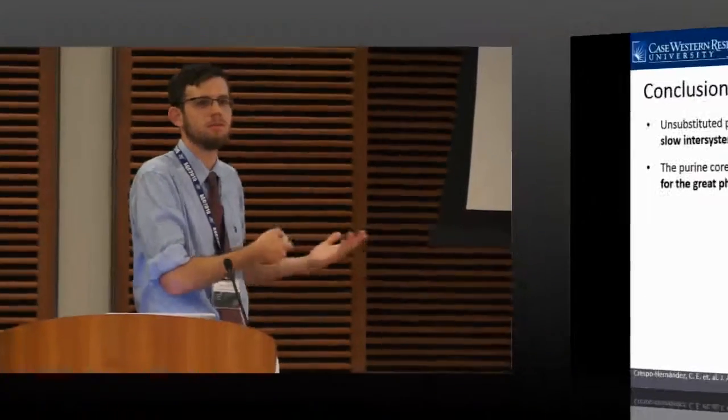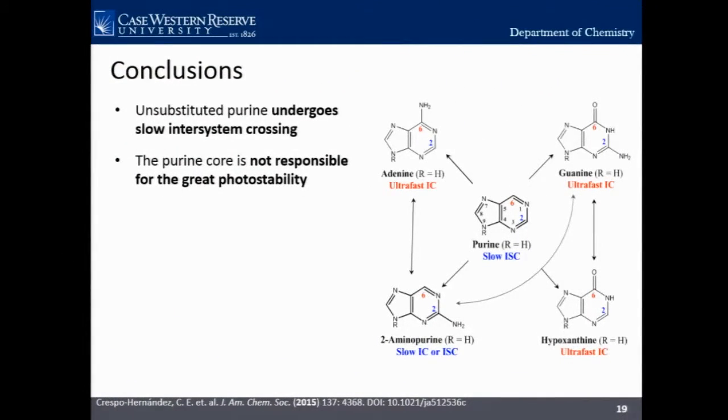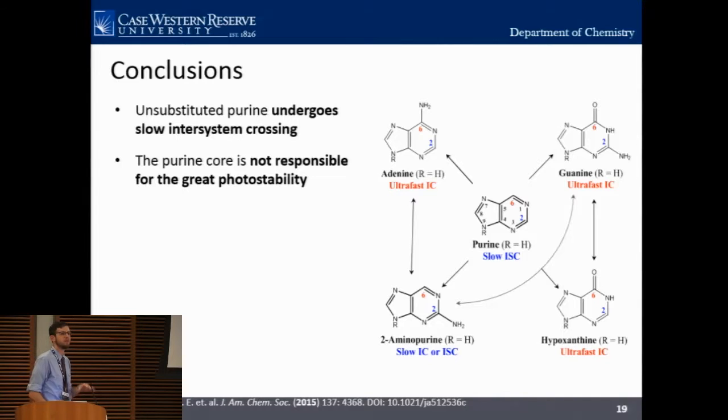So I would assume it can highly react. It's a triplet, so it can react with oxygen and other things in the environment. So that's another possibility. Maybe the purine core, being highly reactive, is reacting to form these photostable DNA bases. Maybe that's another route to it, but I'm not sure what exact photochemistry has been done with it. Could be interesting.